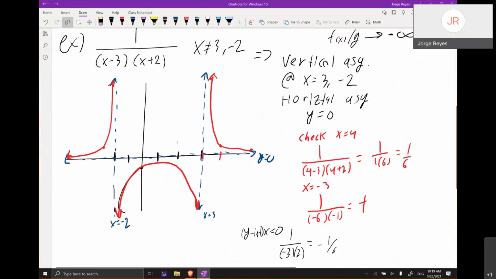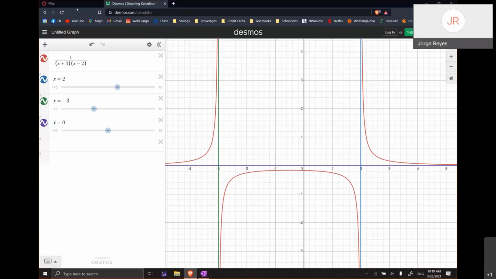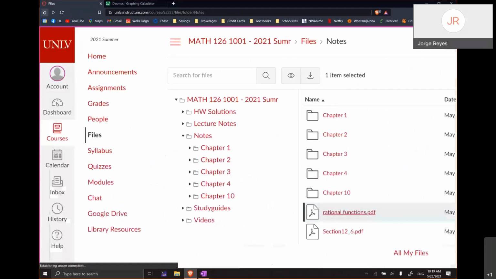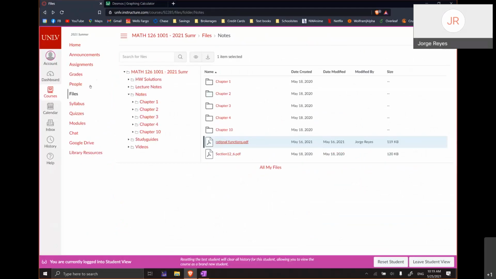So yeah, this section is a little complicated. I understand that this is hard. So in addition to these notes and the regular notes, if you go into our files for class, into just the notes folder, you see that there are these random 2. Obviously, this one is section 12.6, which is the only thing we're learning in chapter 12.